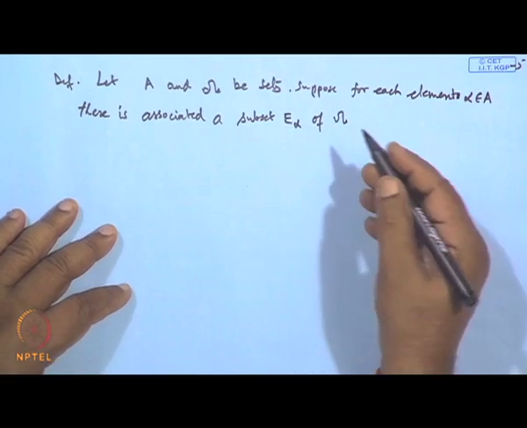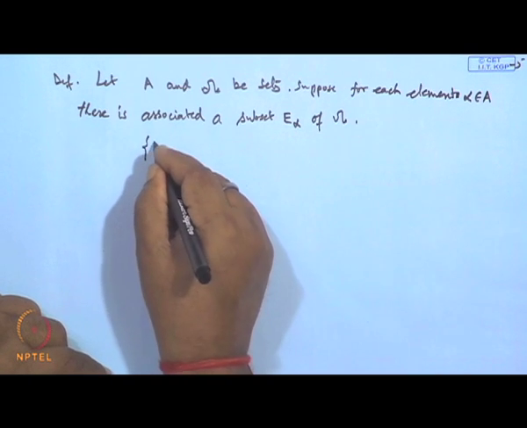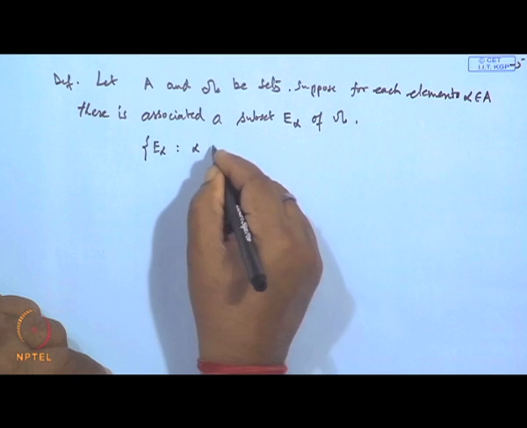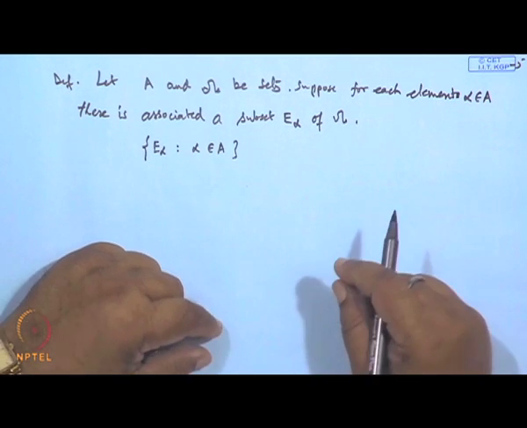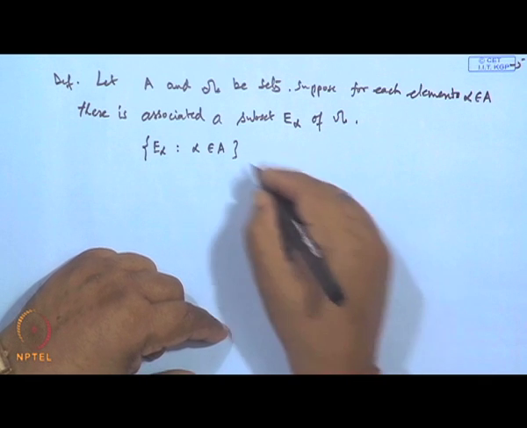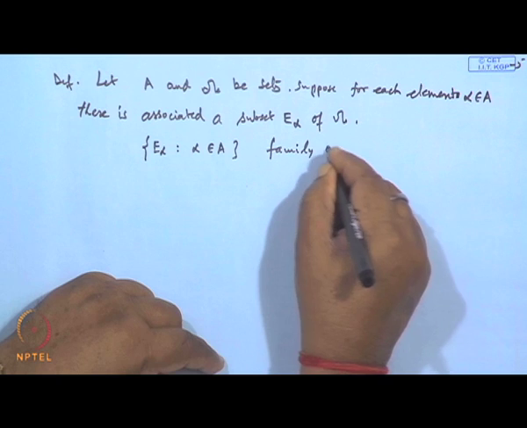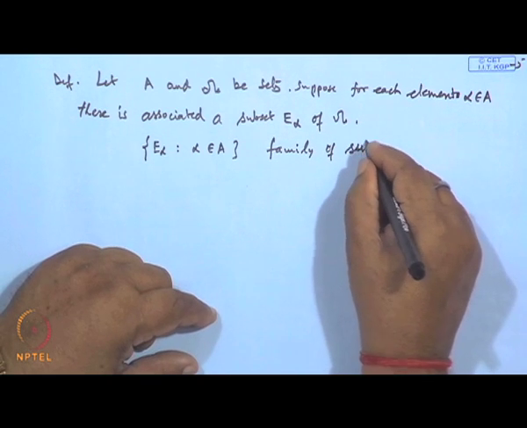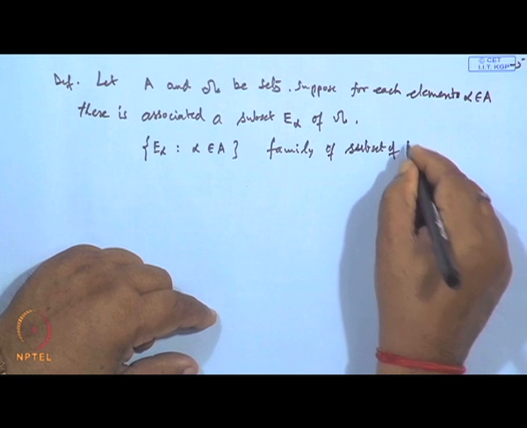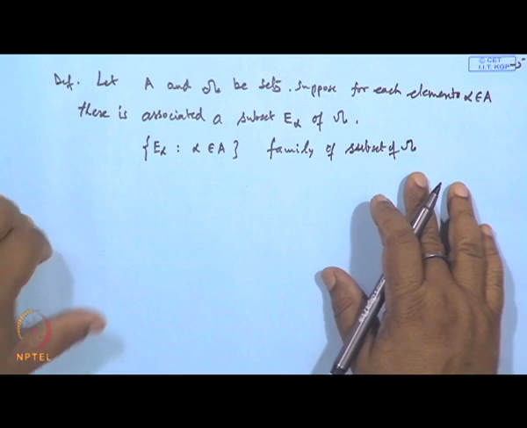Then the collection of all these E_alpha, where alpha belongs to A, is the collection of sets, the family of subsets of omega.